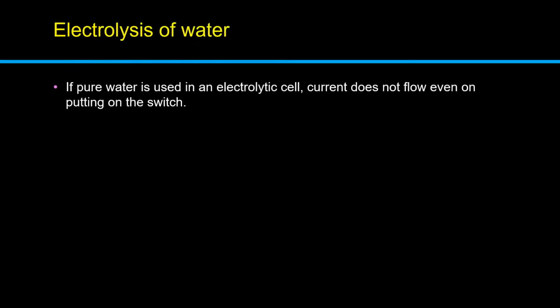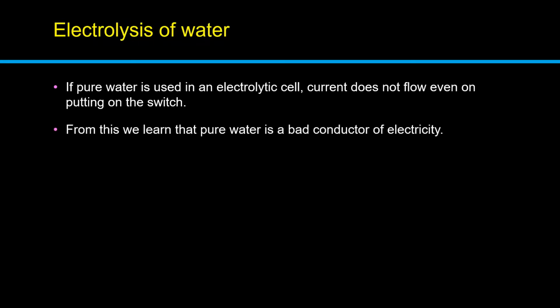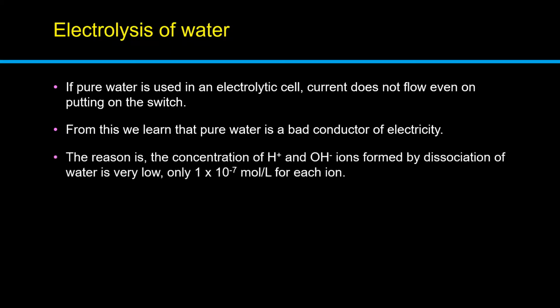Now we will be learning about electrolysis of water. If pure water is used in an electrolytic cell, current does not flow even when you switch on. From this, we learn that pure water is a bad conductor of electricity. The reason is, children, the concentration of free ions, H+ and OH-, is very, very low.